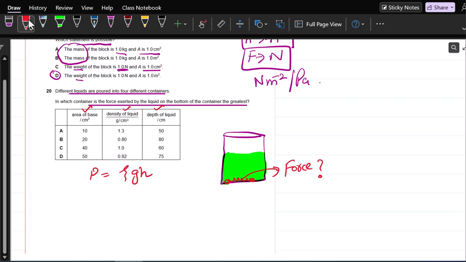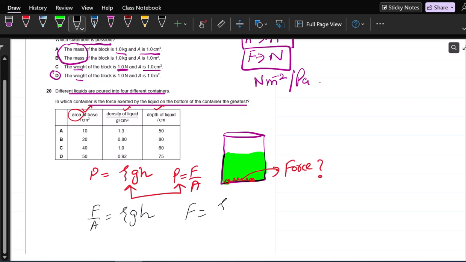In this, area is not included, so we know pressure is equal to force over area. We are going to equate these two equations. So it becomes F divided by area is equal to rho g h. So F is equal to rho g h A. So dear students, you can find the force this way. You have to multiply these values.